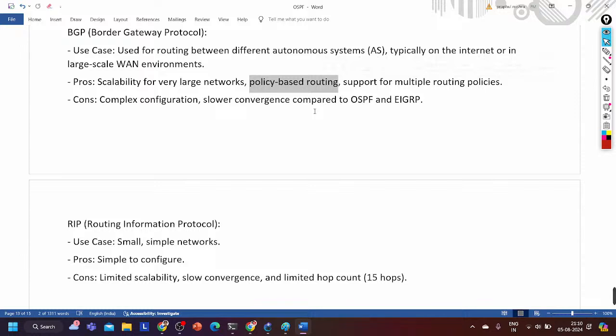Like in EIGRP, if you want to manage the path between source and destination, and there are 10 paths, you have multiple options: unequal cost load balancing means variance, you have offset list, bandwidth, delay.